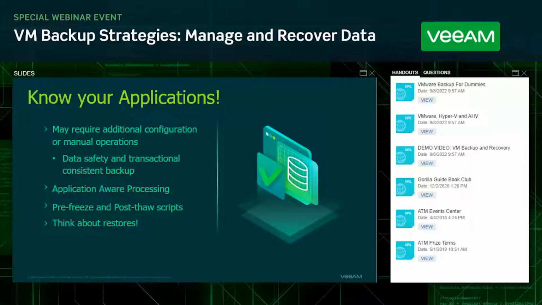If you had to restore just an individual item instead of an entire database, clearly the item's going to be much quicker. You have pre-freeze and post-thaw scripts for VMs that are not under application-aware processing, and maybe you do want to pause those applications. So that's also an option.